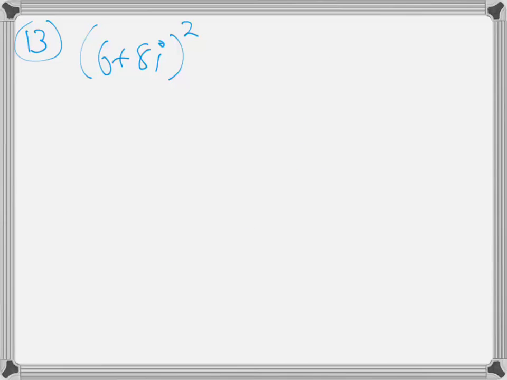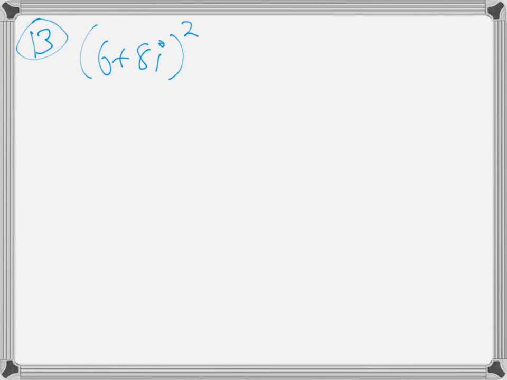All right, so try that one. 6 plus 8i quantity squared. So what do you do when there's a 2 on parentheses?